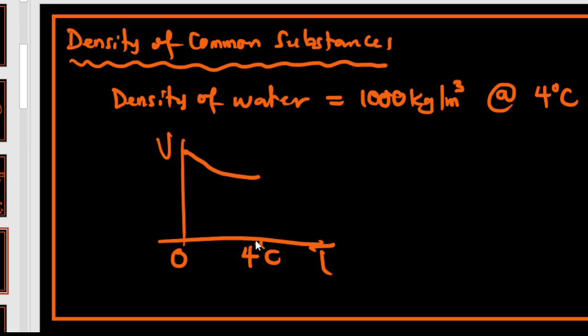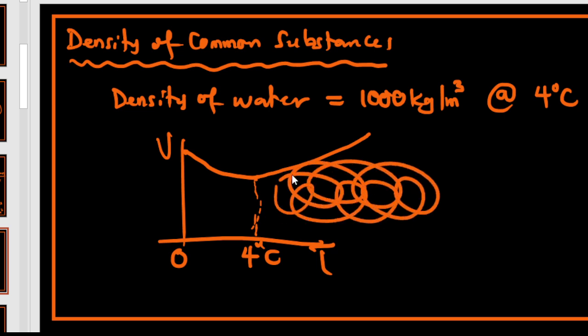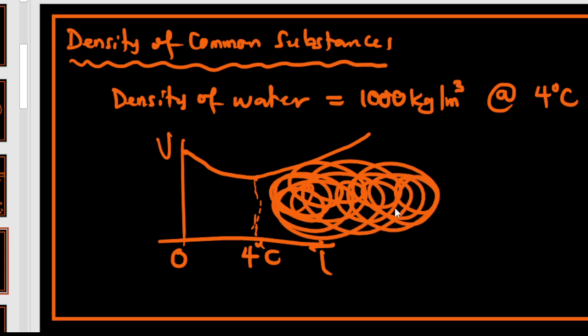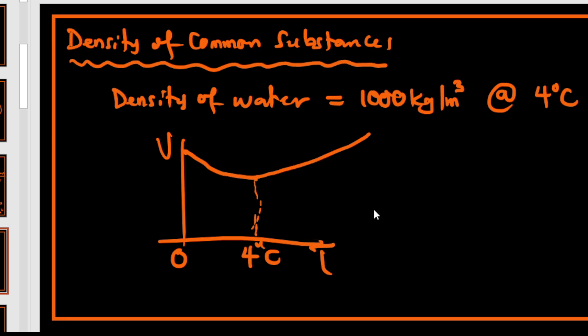Then on getting to 4 degrees Celsius, it has its minimum volume. Then what happens after 4 degrees Celsius? You see water expanding. You get that? So in this region, water behaves like a normal liquid, but in the left hand side region of this graph, water does not behave like a normal liquid. So this is called the anomalous expansion of water.